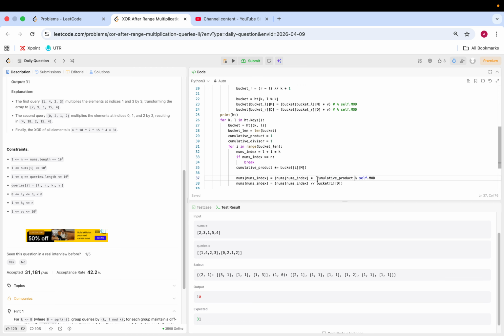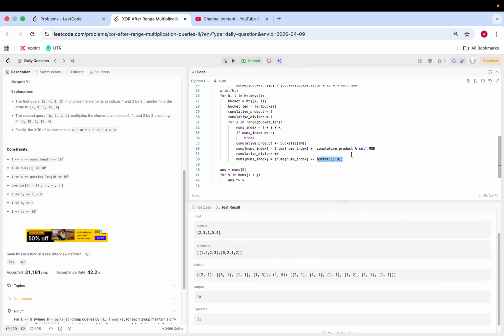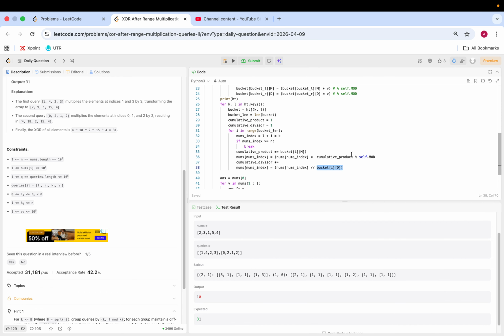And the cumulative divisor can have the bucket... Should I be modding here?